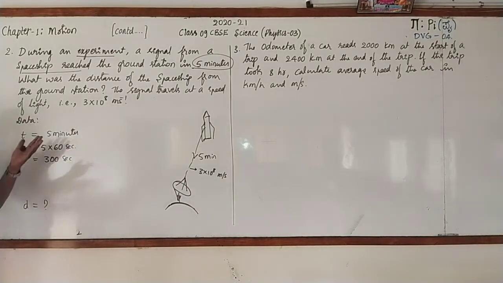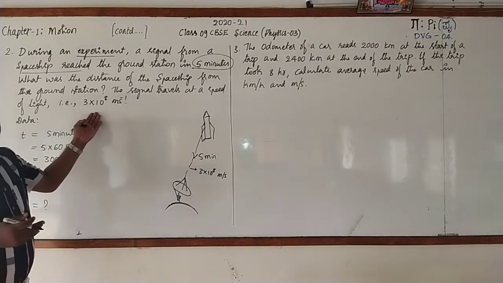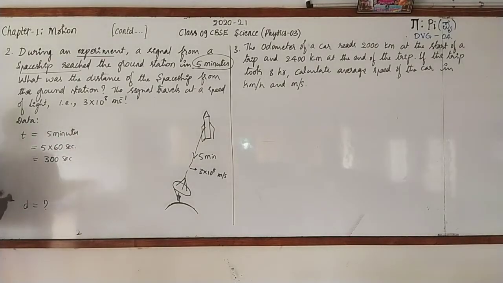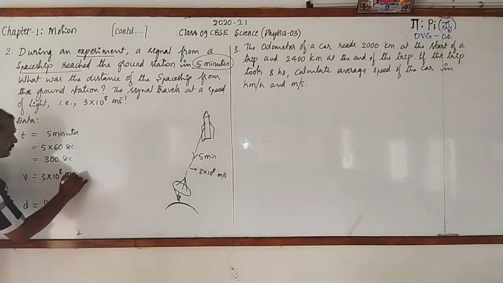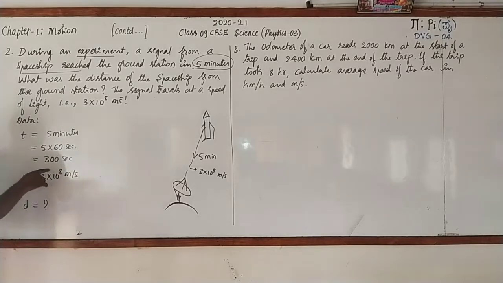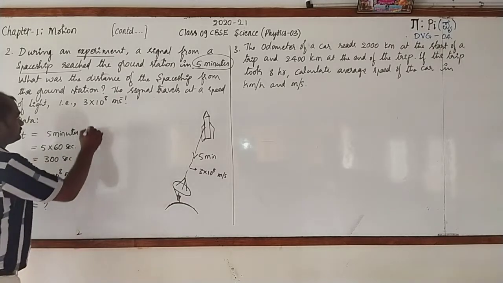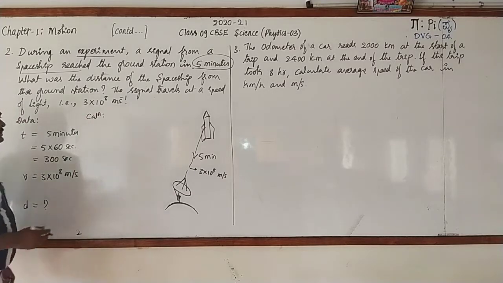We know that the speed of light is 3 into 10 raised to the power 8 meter per second. Here I'll write v is equal to 3 into 10 raised to the power 8 meter per second. Is it necessary to convert into any other unit? No, because it is in meter per second already. Next, let's go for calculation.